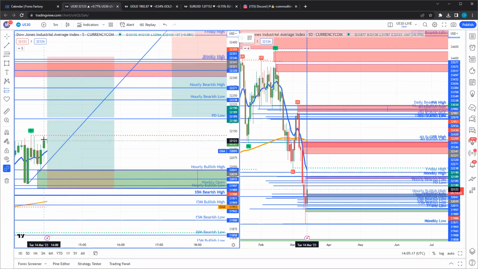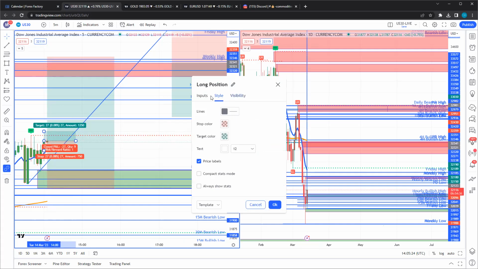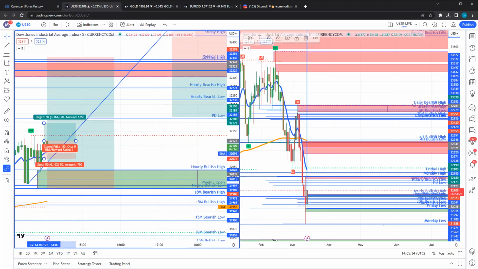So let me do this. So that's a trade right there. I'm going for 50 points. Remember, price can come back all the way down, so this stop loss will be below the low of that candle.